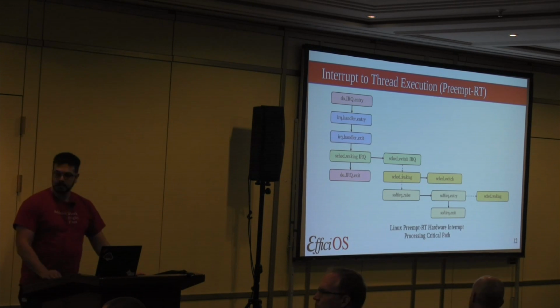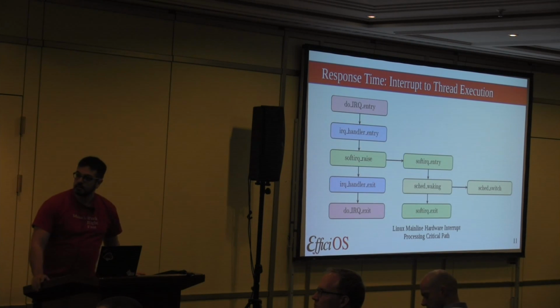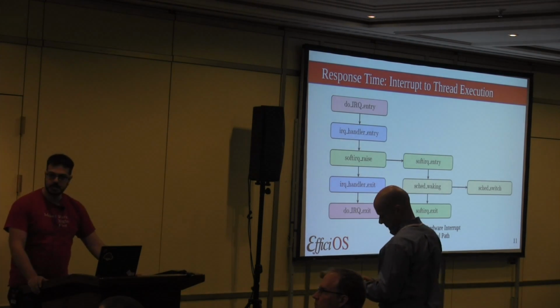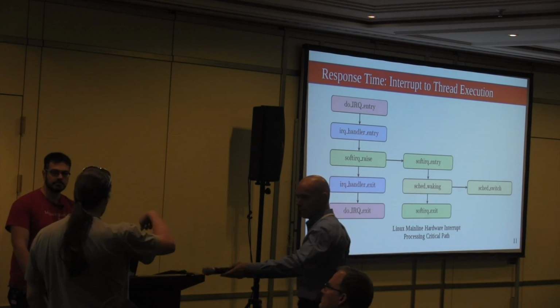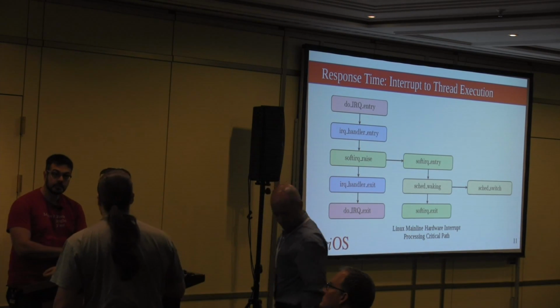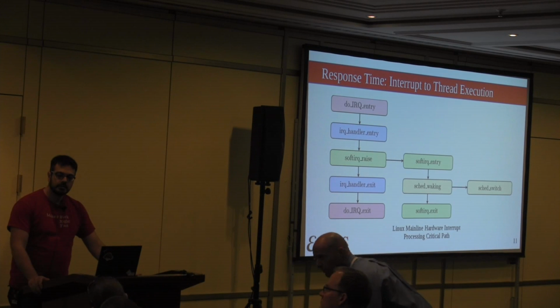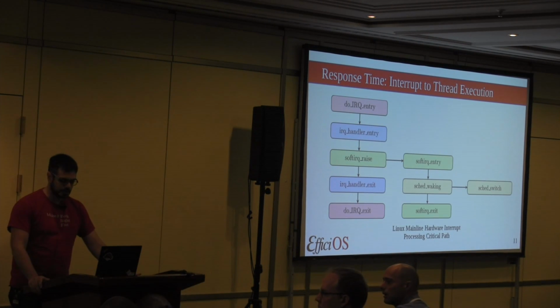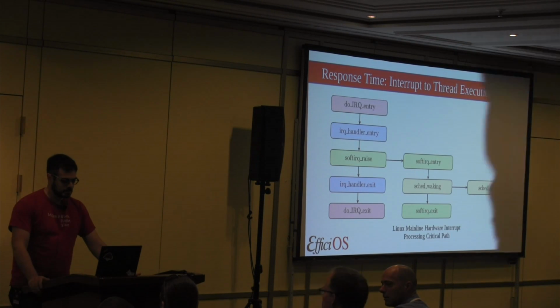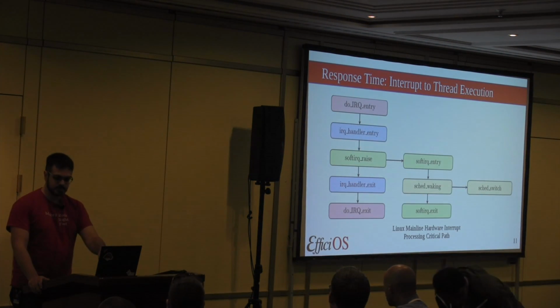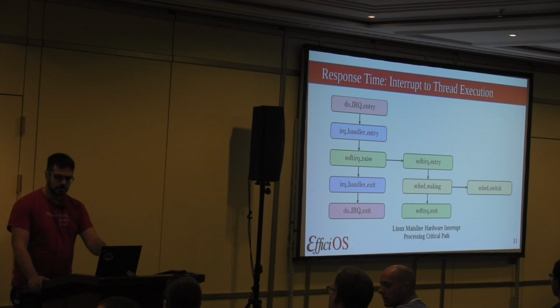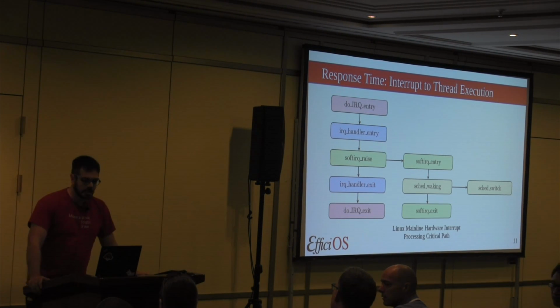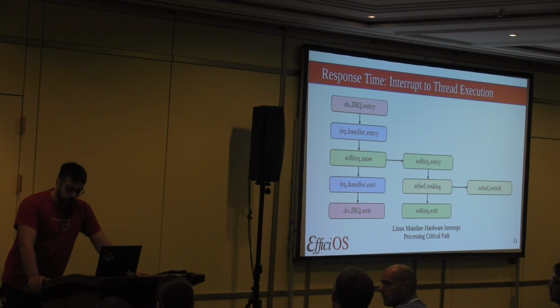So where does the soft IRQ come from? We don't do that. The do IRQ entry or the soft IRQ? Are you talking about the preempt RT kernel or mainline? Mainline. So this soft IRQ raise and soft IRQ entry, is it preempted, or the regular wake ups? We don't use soft IRQ. No, that's right.